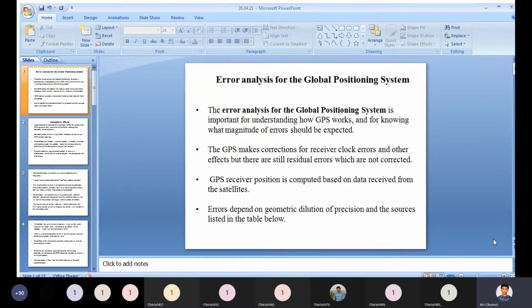So you need to see whether the GPS receiver position is proper or not. If it is not proper, we need to do some computations based on the signal received from the satellite, some calculations with the help of DSP computations, computer techniques.